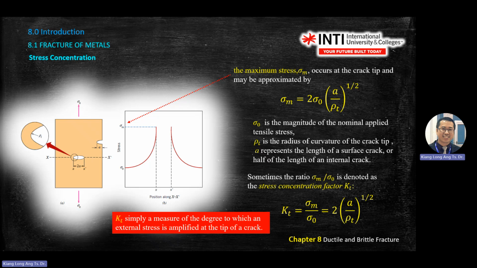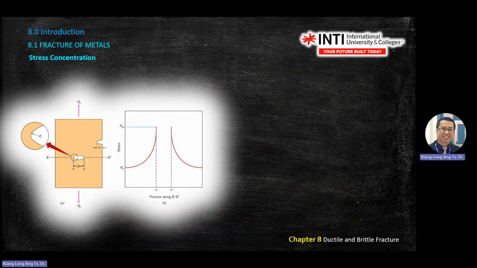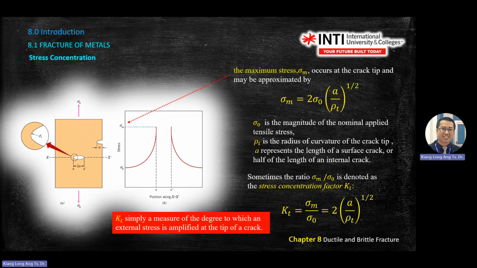It's not 1, it will be 0.5. The calculation here is using A and not 2A. So in my slide, I write surface crack or half the length of internal crack. Remember that.